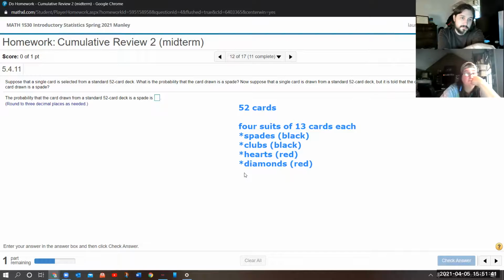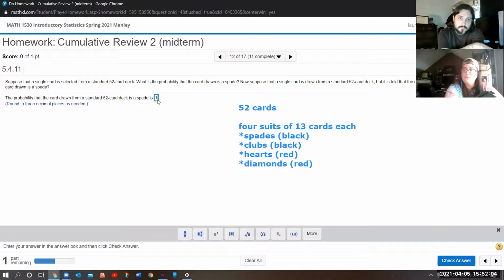So you could do 13 over 52, 13 cards that are spades over 52 cards total. Or you could think of it this way. Spades is just one of 4 suits, so do 1 over 4. You'll get the same answer either way. So technically I was right with the 4. Yeah. So it's 1 over 4. Oh, you gotta do it as a decimal. I hate having to do that. They just have something against fractions. That's all it is.